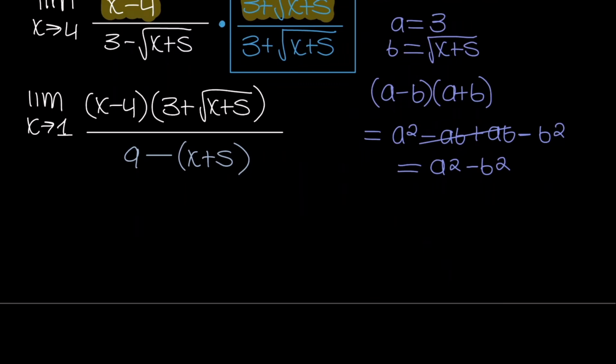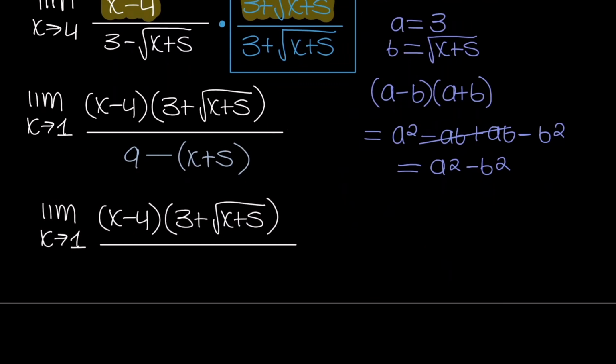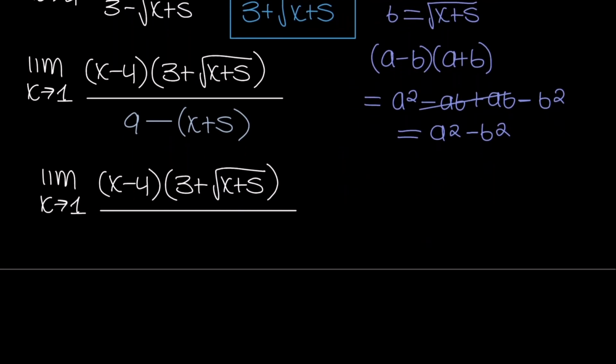I'm going to copy the numerator. Some of you may have already seen what's happening or realized it. If I distribute the negative sign, we get 9 minus x minus 5, which simplifies to, we can rearrange this to 4 minus x.